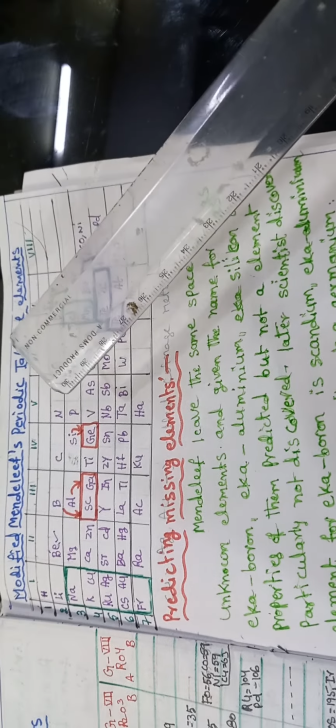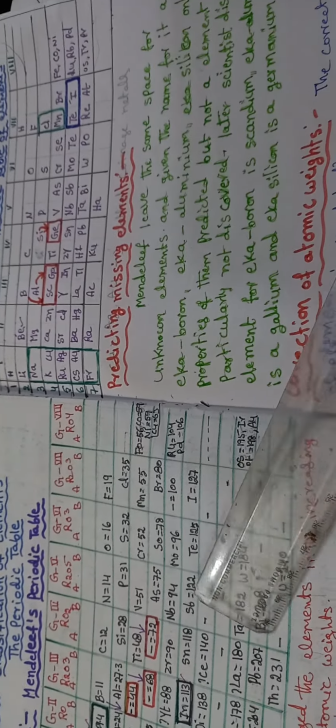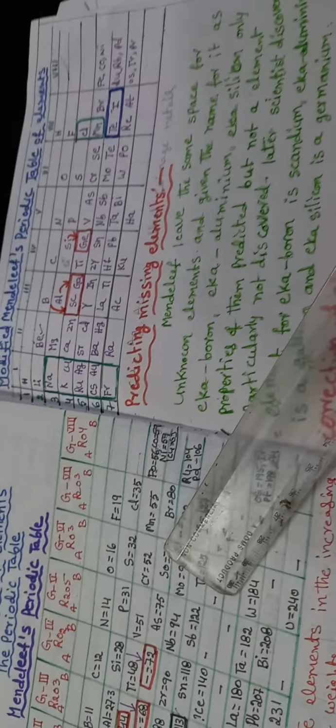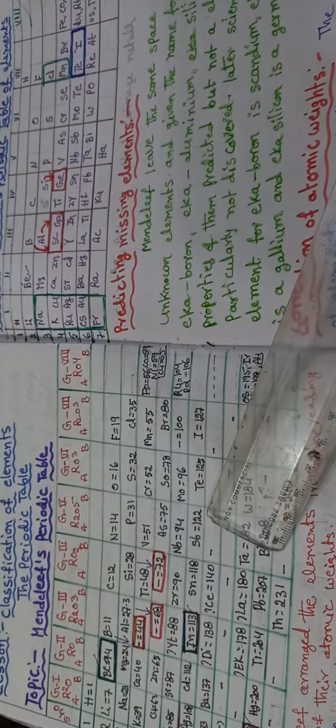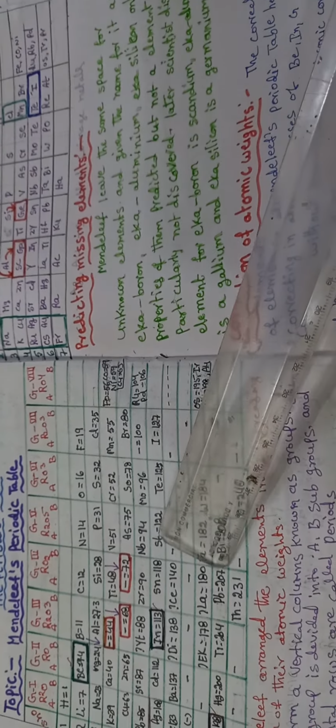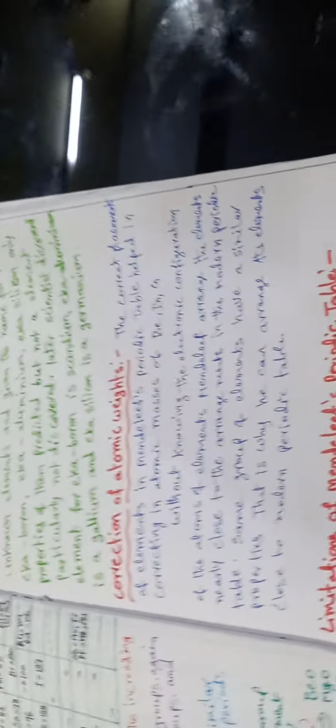But there are some similarities between Mendeleev's periodic table and the modern periodic table. At the time of Mendeleev, no electron configuration was known. Extraordinary thoughts were used in Mendeleev's periodic table in placing the elements in the correct position of the groups and periods.